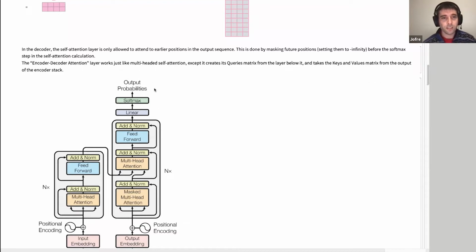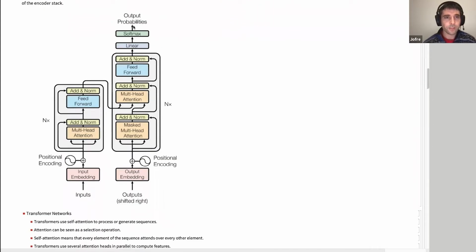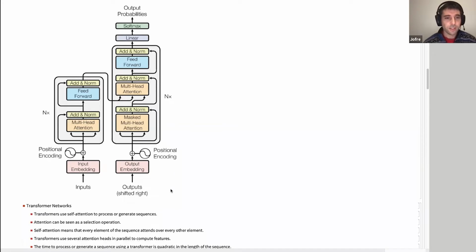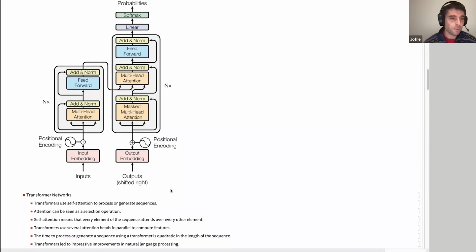And the idea is that the token with the highest probability is going to be taken and put into the decoder block again, and it will generate one token per iteration until the end of sentence token is output, and then the process will stop, and the translation is going to be completed.